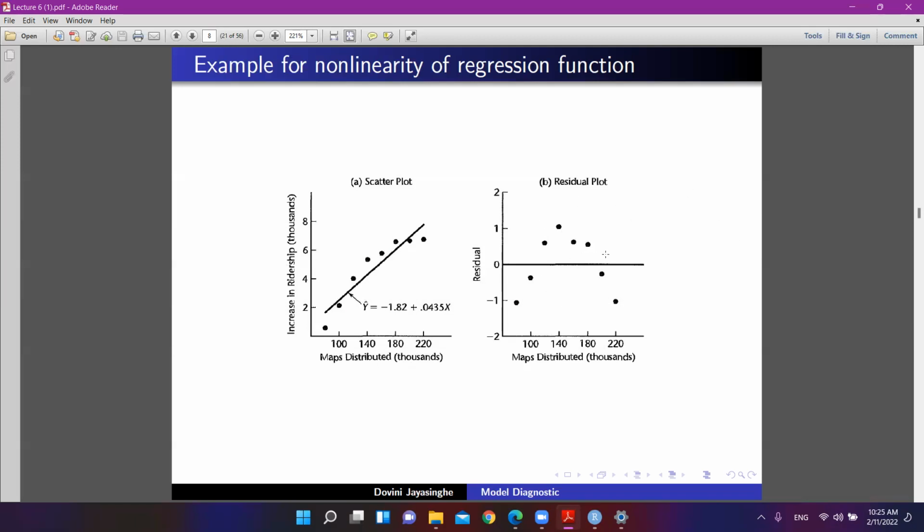If this is linear, these scatters should be around this horizontal line. We should be getting a horizontal band which is very close to 0. Why? The mean of the residuals should be 0. That is also another assumption that we had.